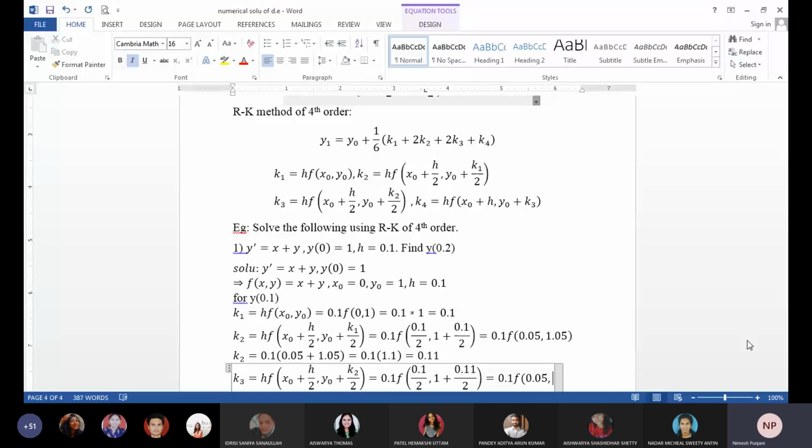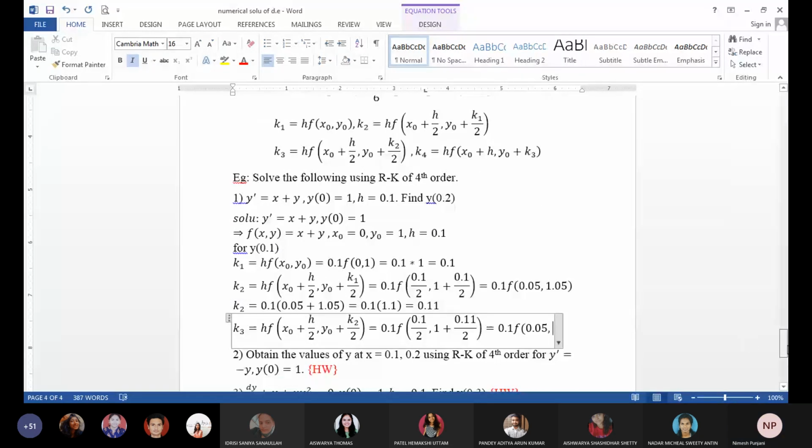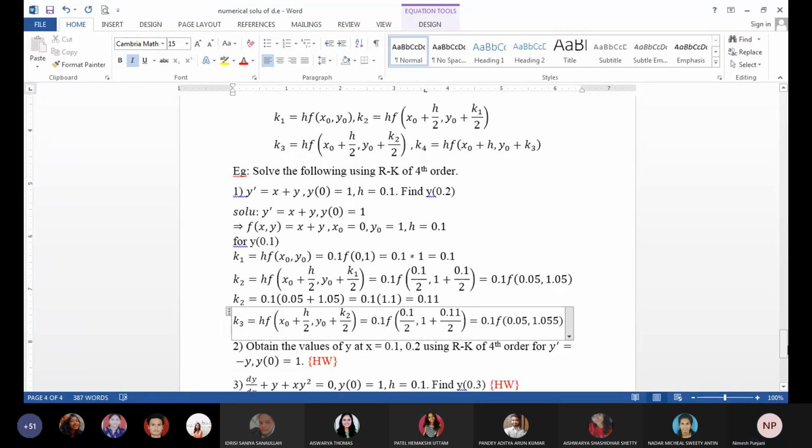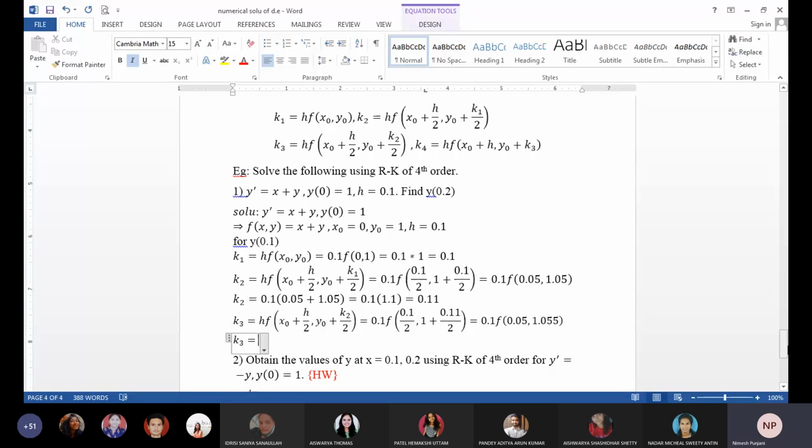So this will turn out to how much? 1.055. So my k3 is 0.1, and this turns out to 1.105.